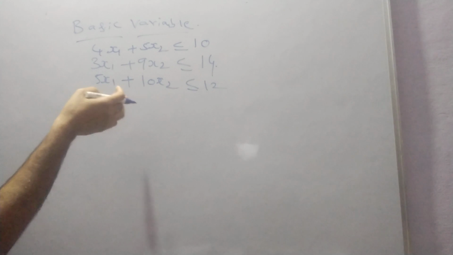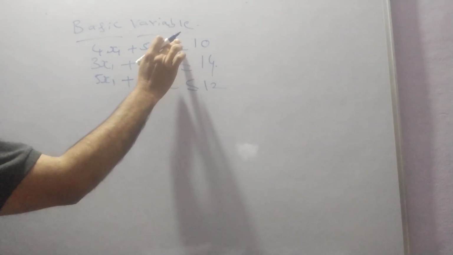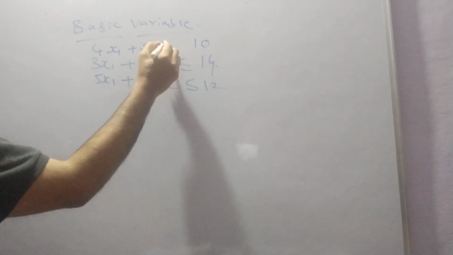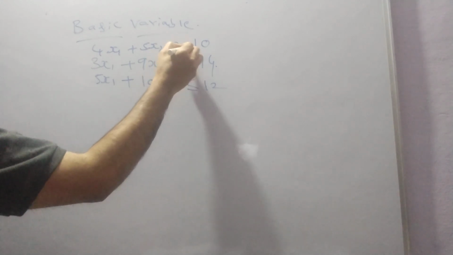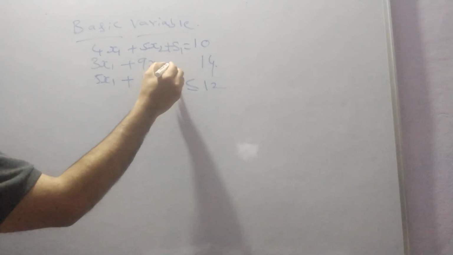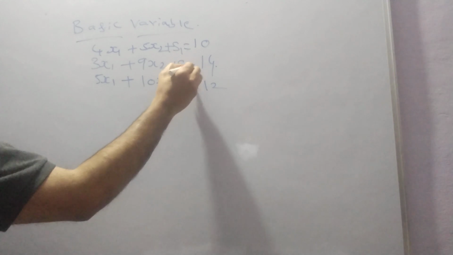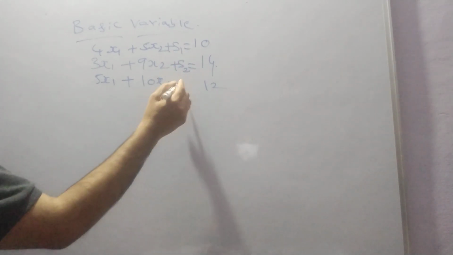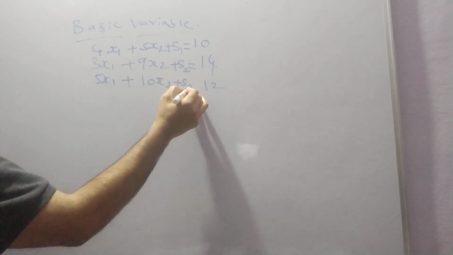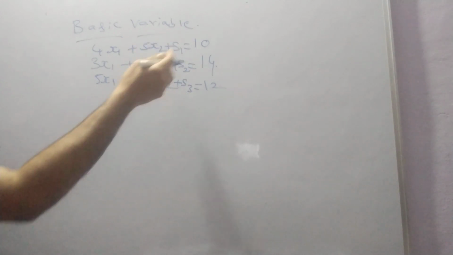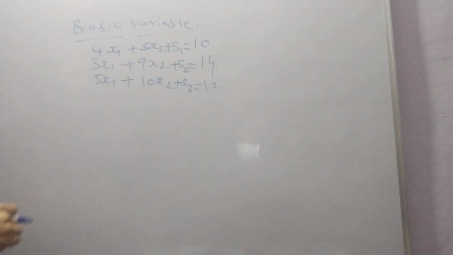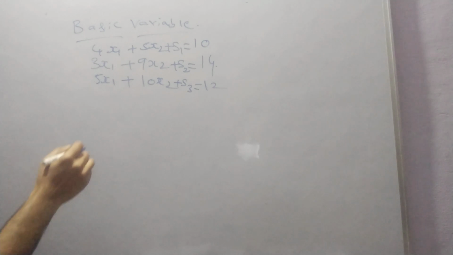Now convert this into equation form. To convert, what do I have to do? I have to add plus s1 here, plus s2 here, plus s3 here. This you already know: whenever the less than form is there, you go for plus s1, plus s2, plus s3, right?